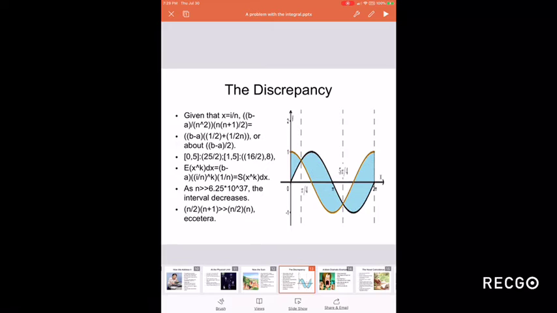For the interval of 0 to 5, we have 25 halves, and the sum over the interval from 1 to 5 gives us 8. So as n approaches the Planck inverse, the interval decreases. The sum approaches the integral, etc.